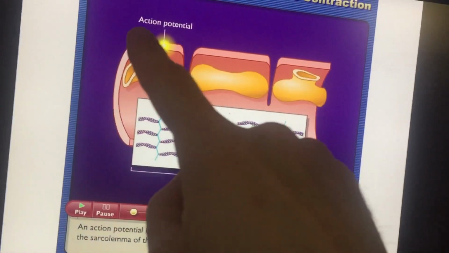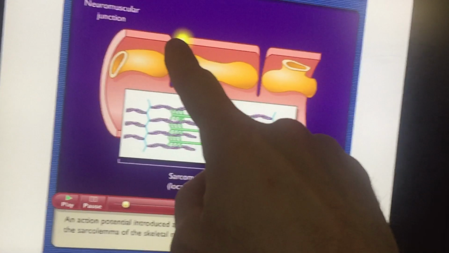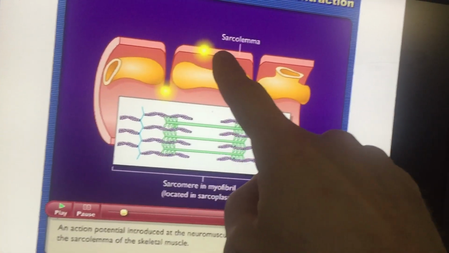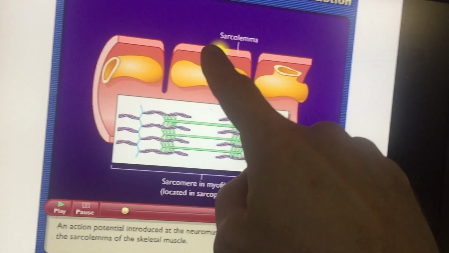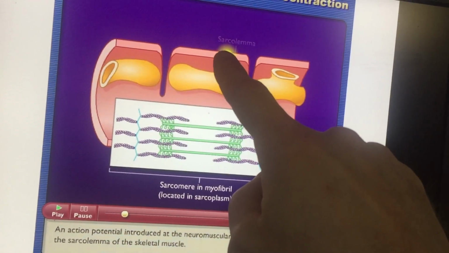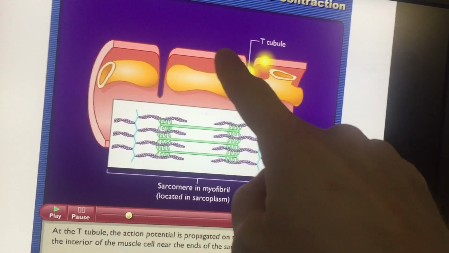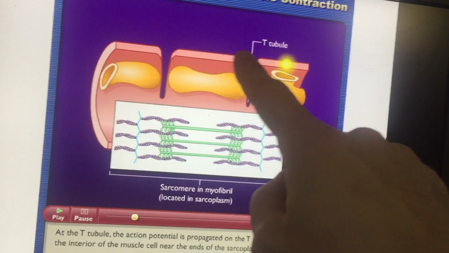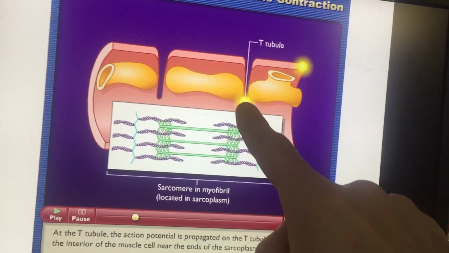So here you see this, it's called an action potential that comes down the muscle fiber membrane. Recall this comes from the motor neuron. And then it comes down the muscle fiber membrane, goes down the T-tubule.